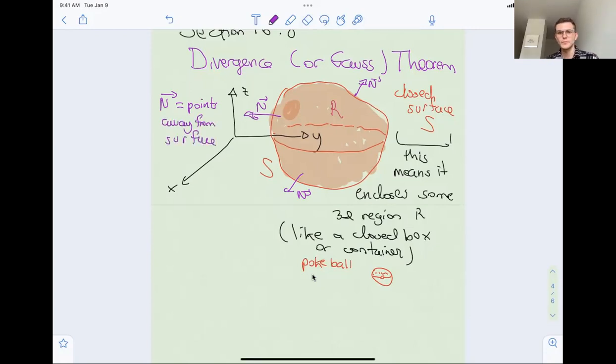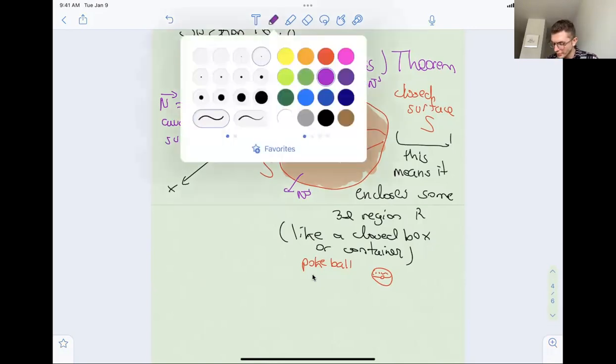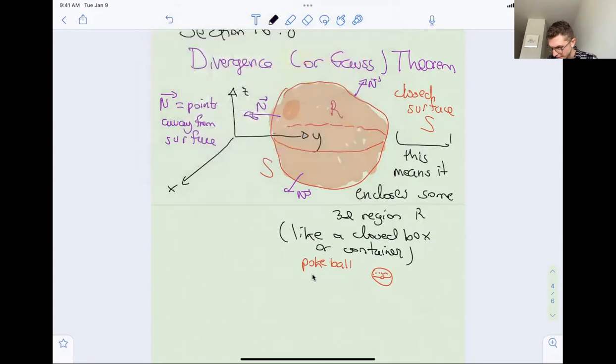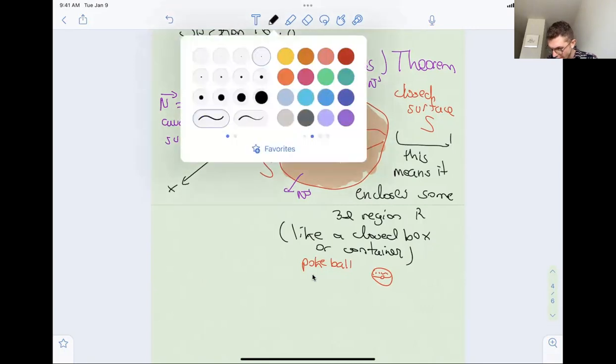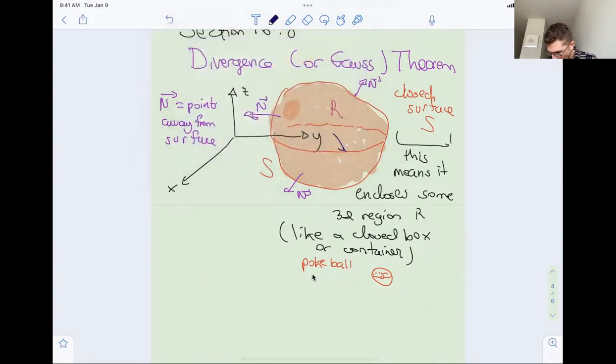And if you have your favorite vector f, let's say this is where f is. F is doing its own thing, maybe it's here, or maybe it's here.